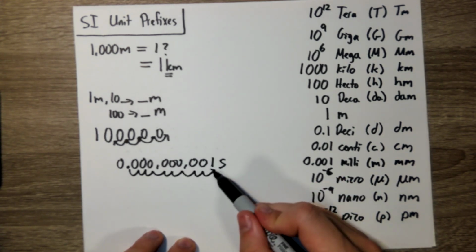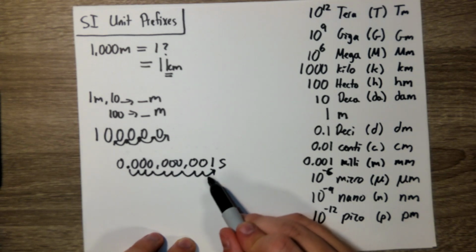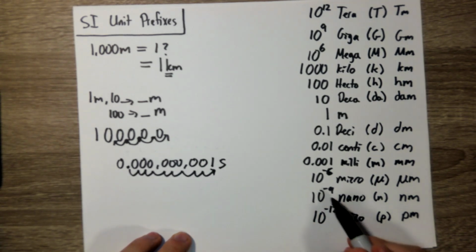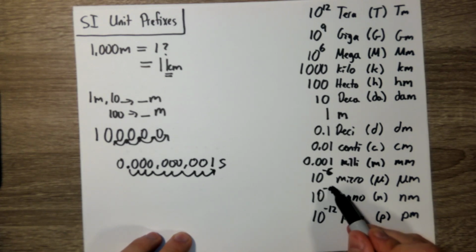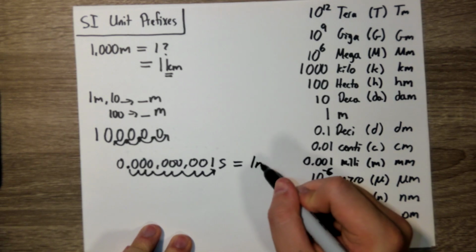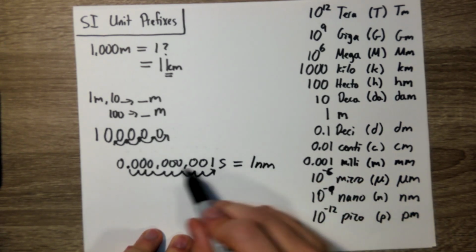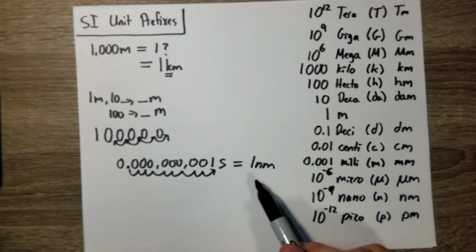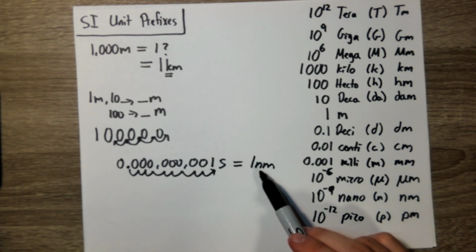And so we're moving to the right, so it's negative 9. So we're negative 9 away. Well, we know that negative 9 decimal places is a nano, so this is equal to 1 nanosecond. And that's much easier to write out than this. And so that is the purpose of having these prefixes, it's much easier to express in this form.